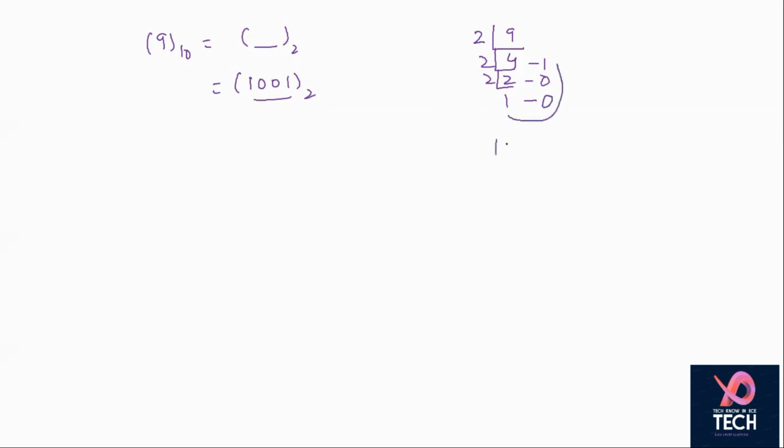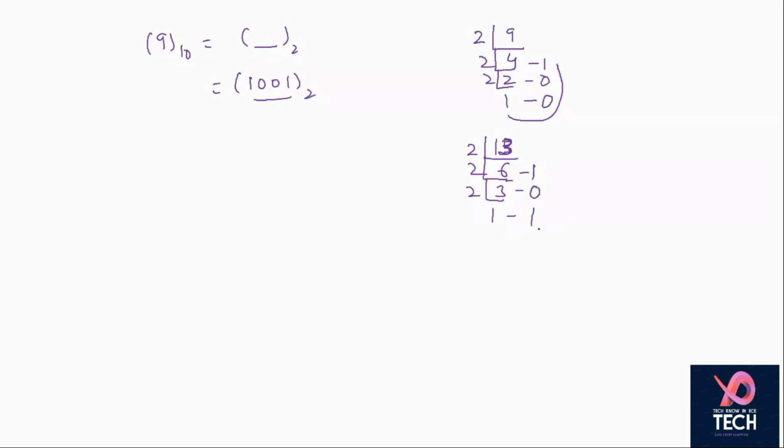Suppose you have 13 with you. What's the binary equivalent? 2 sixes are 12, balance 1. Then 2 threes are 6, balance 0. And then 2 ones are 2, balance 1.